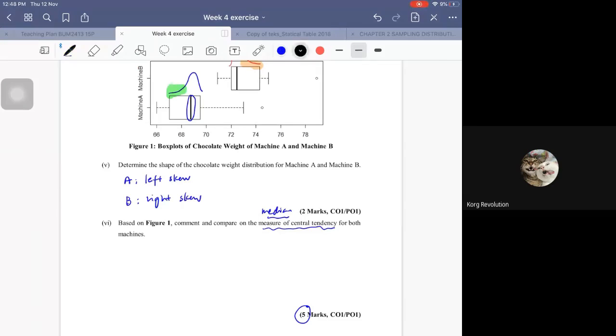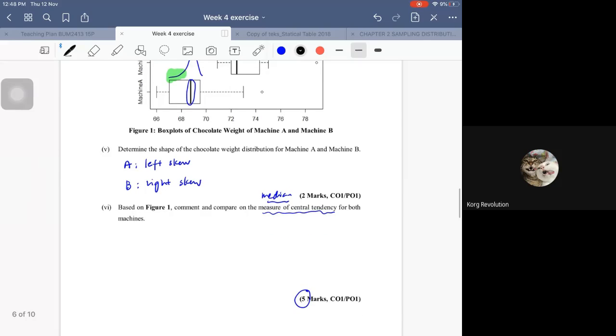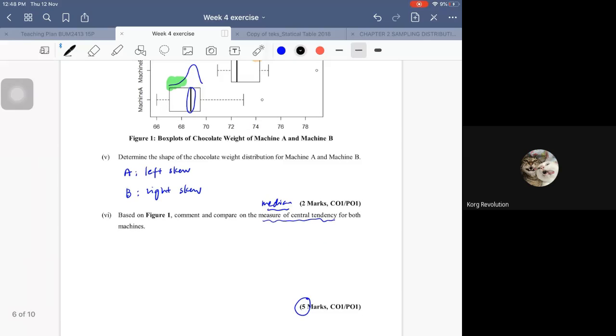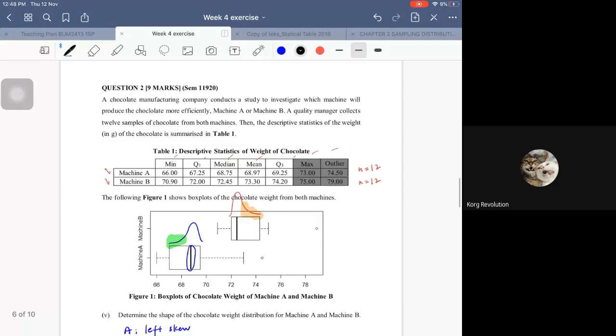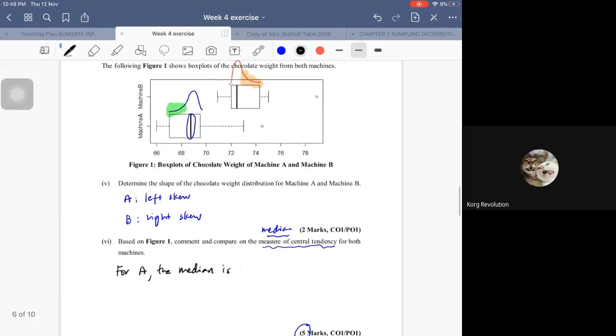So what you can do is, the first mark will be for stating the value of the median for machine A. I'll just put A, I'm too lazy to write machine. For A, what is the median value? 68.75. So what does it mean by having a median of 68.75?